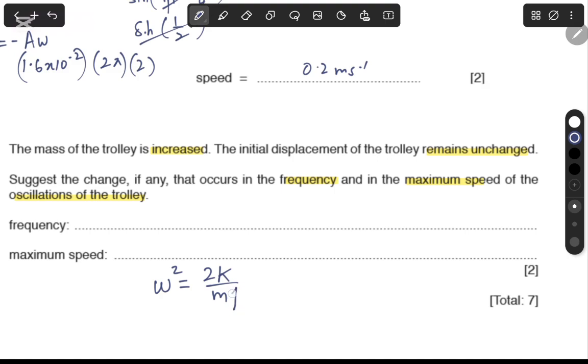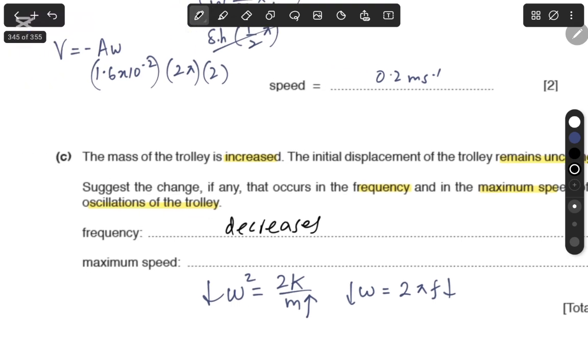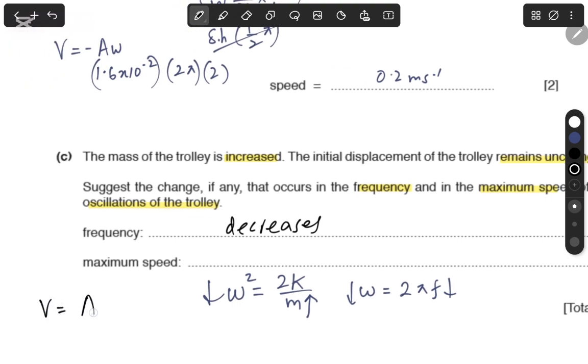If my mass has increased, then the ω value goes down, and ω = 2πf, so if the ω value goes down, the f value has to also go down. So our frequency decreases. We know the maximum speed formula is v = Aω, and if ω is decreasing, then the maximum speed will also decrease.